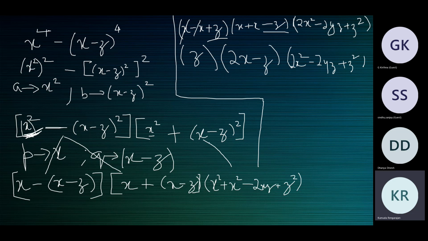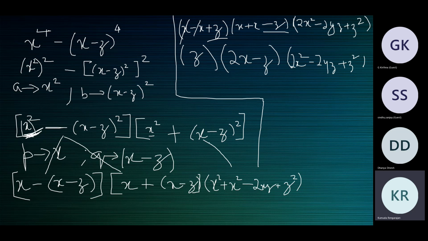Correct, children? That's all. What you observe is in all these sums which we have discussed today, the heading is factorize, and you can see the final step is some factor into factor. That is, it's a product of factors. Factor into factor into factor. Z into 2x minus z into 2x square minus 2yz plus z square.